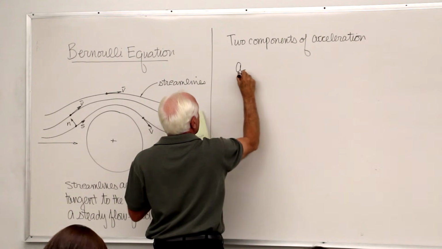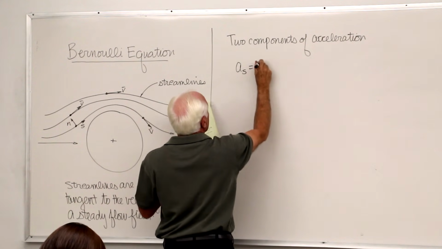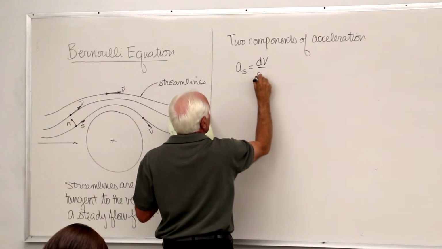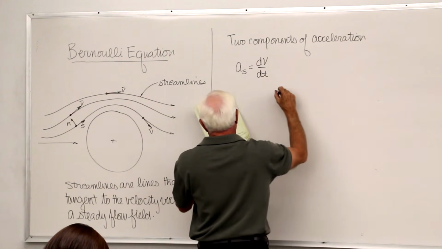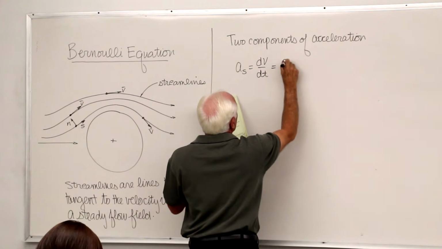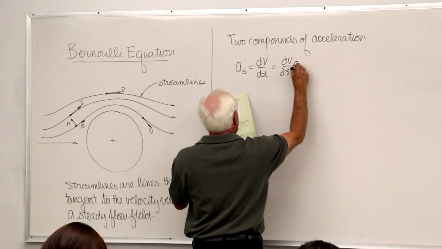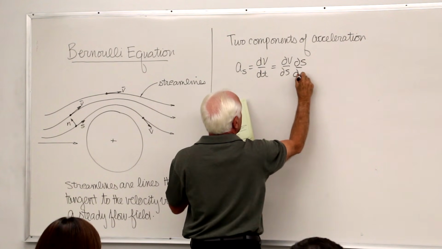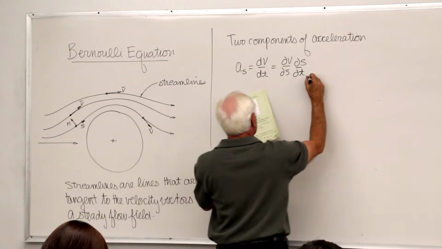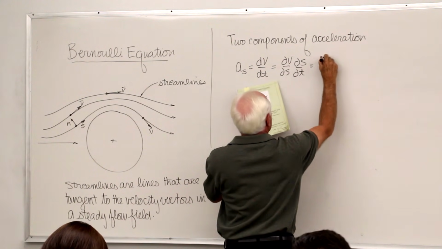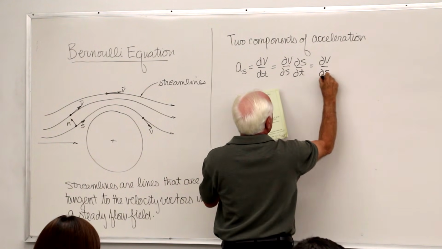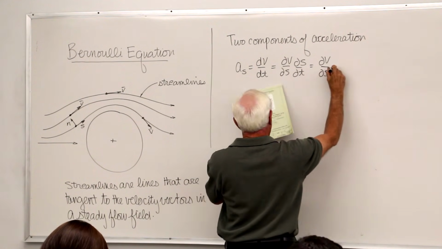Along the streamline, a sub S, dV/dt, partial V with respect to S, partial S with respect to t, product rule, dV/ds, and of course ds/dt is just the velocity.